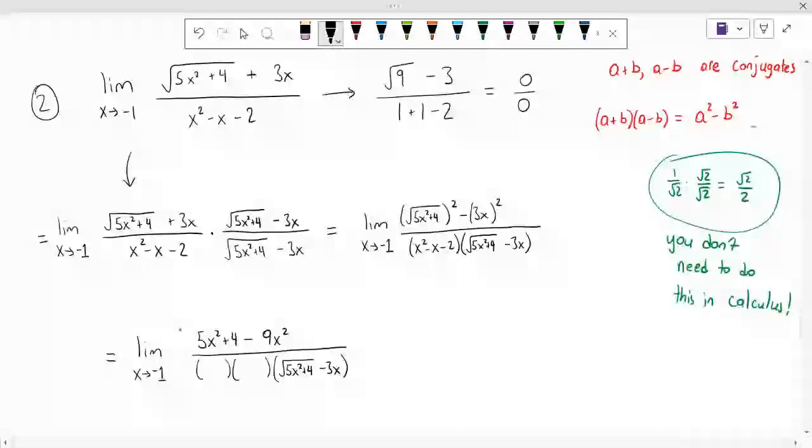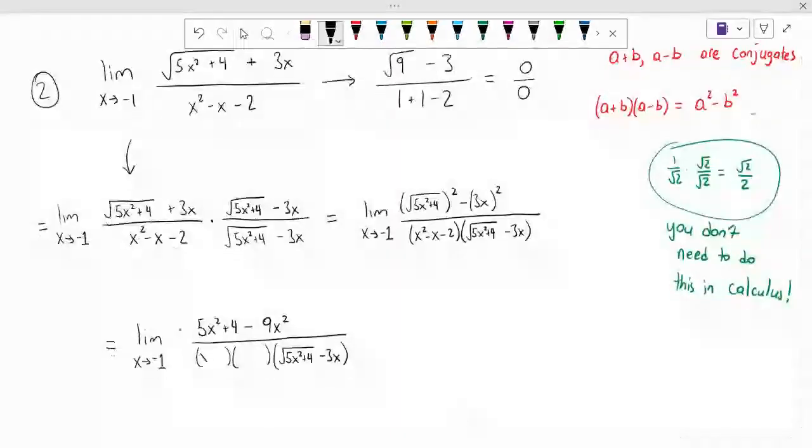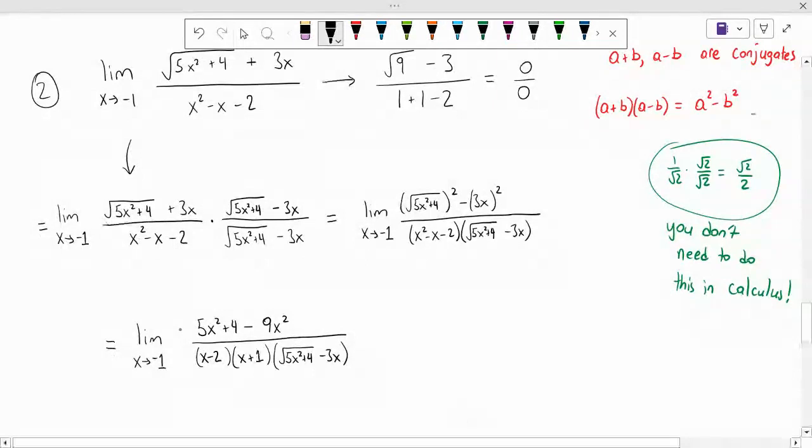So x squared minus x minus 2, who can tell me how that factors? Yep, good. So (x minus 2)(x plus 1). All right, good.